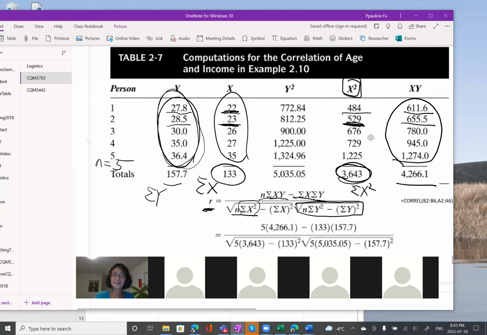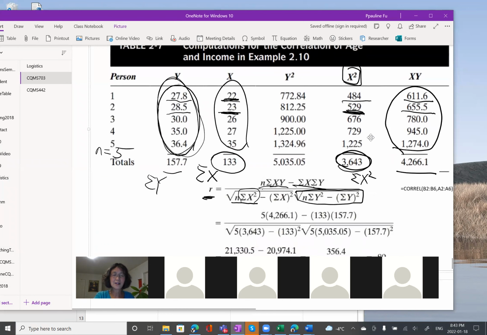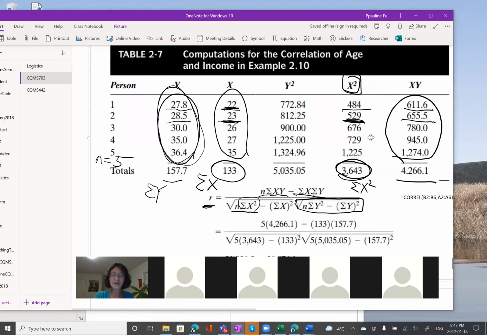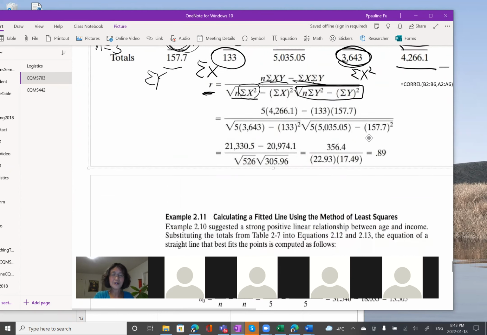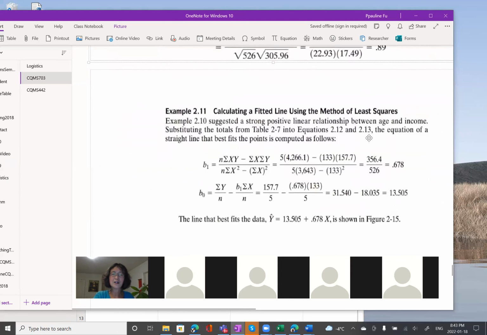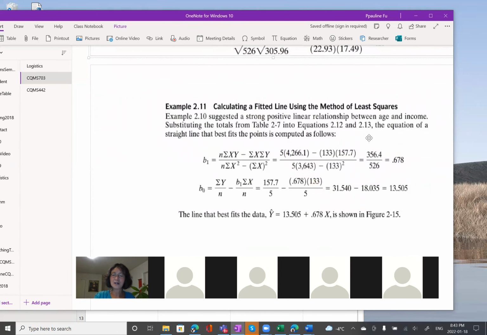Any other questions? All right, so now we know there's a relationship between x and y. Can we write down an equation between x and y? Again, we do two methods: one, the formula, and two, using Excel. To use the formula to write down the equation, you have to calculate the slope, B1.